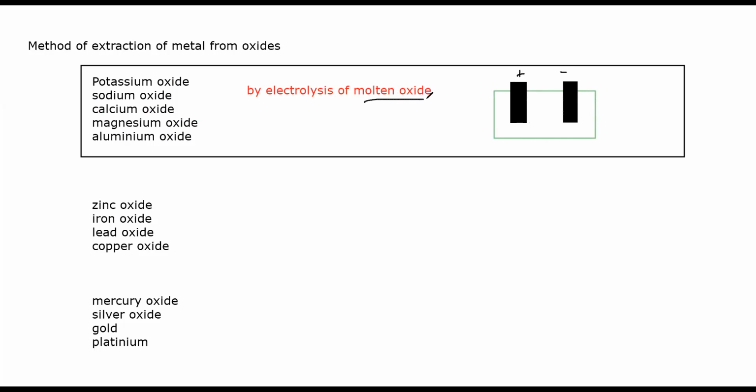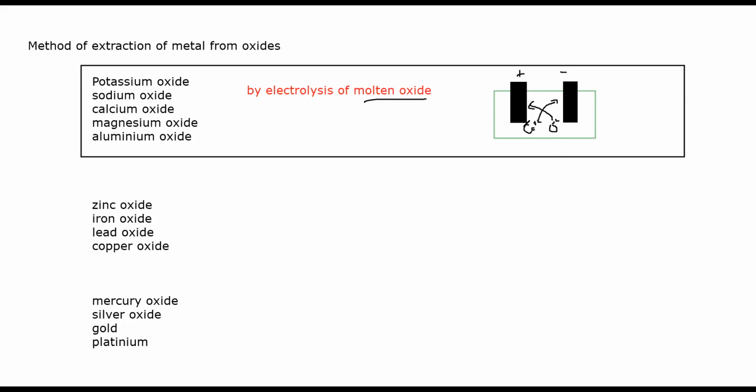So when we make a molten oxide, such as calcium oxide or magnesium oxide, calcium oxide means it will have calcium ion and it will have oxygen ion. Oxygen ion is attracted towards anode and calcium ion is attracted towards cathode. So if we do electrolysis of the molten compounds or molten oxides, we can separate the metal from its oxide.